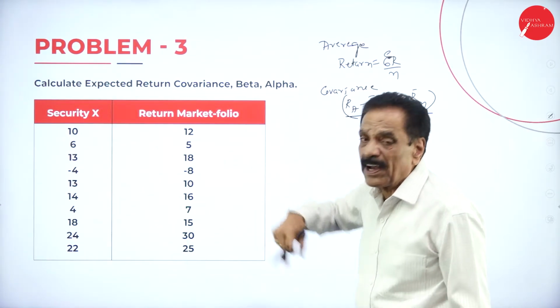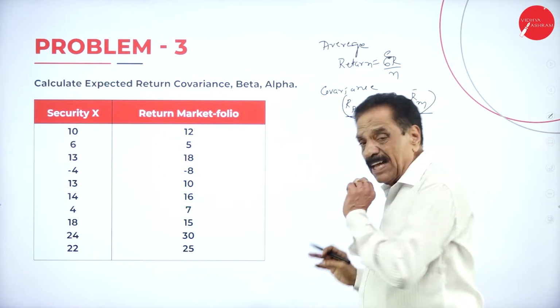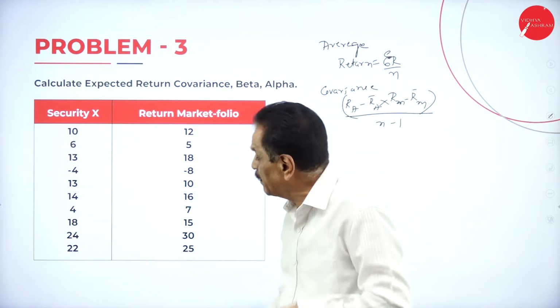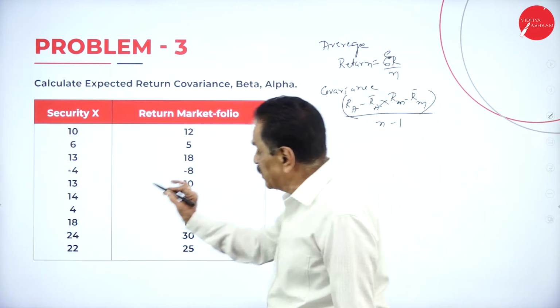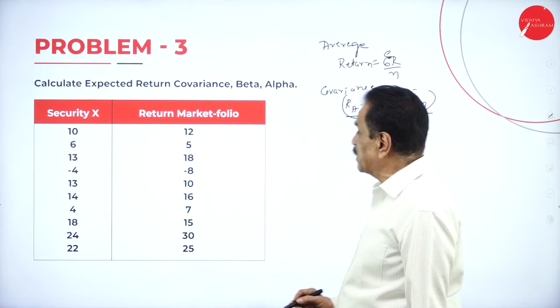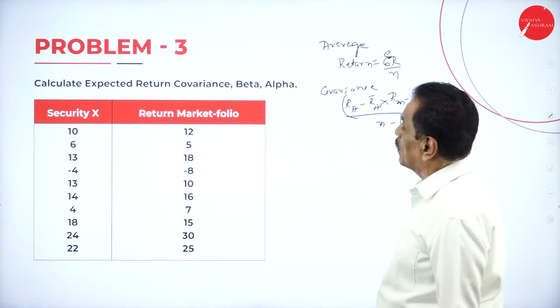If they are less than 5, some authors say take n, some authors say n minus 1. Because the number of items are more, when you take the return, you have to take only total 9 items. So when you go for covariance, you are like there.